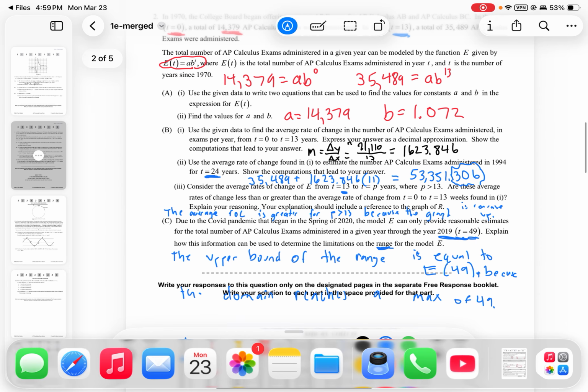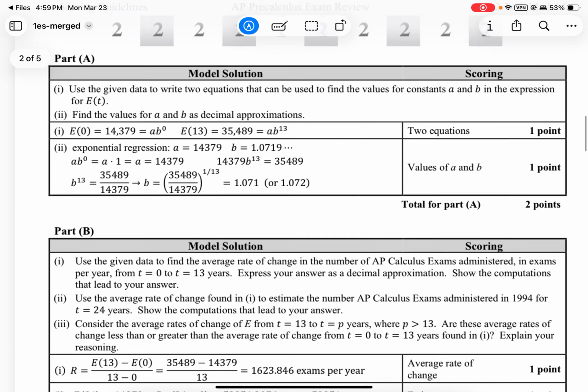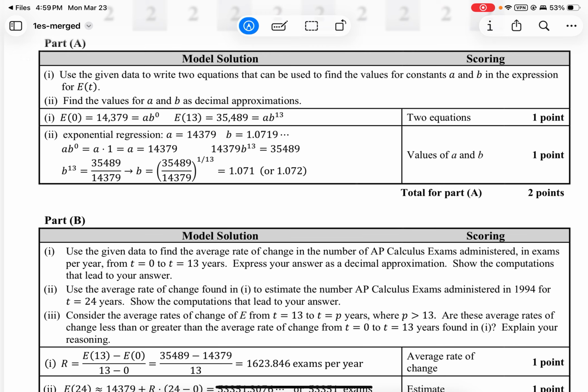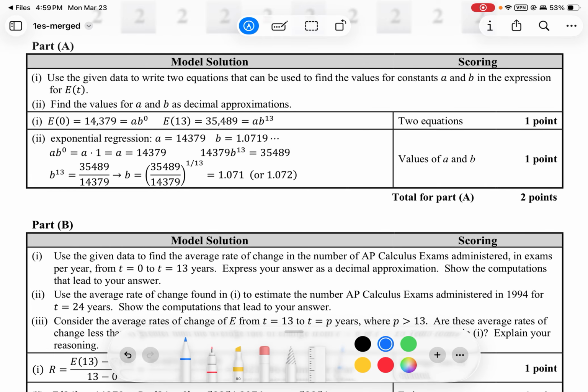All right, let's look at the scoring guide. All right, there's the two equations. Those are really easy to do. So that's an easy point right there. A and B, you can see they did the algebra. You don't need to do the algebra. It says right here, exponential regression. Here's what you get. That's what we got.